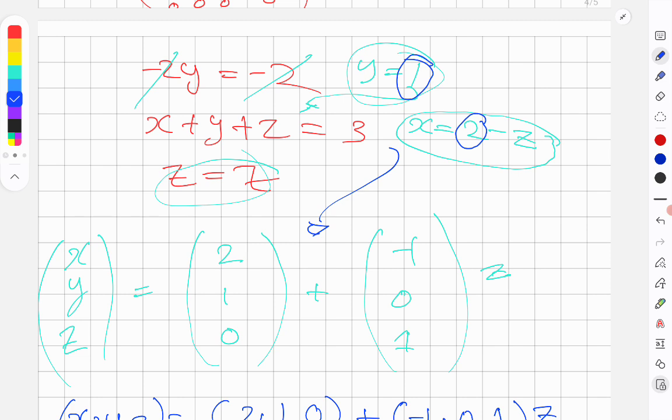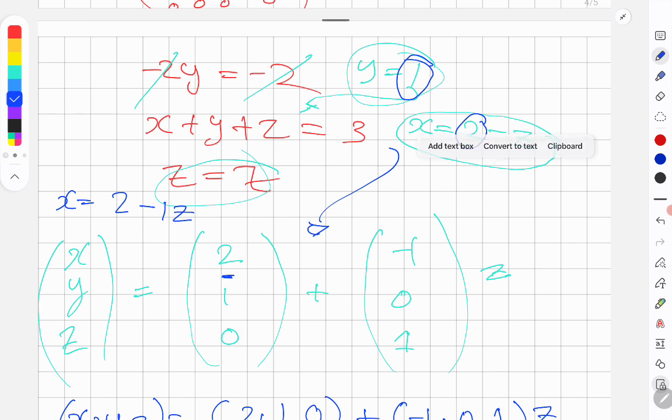Right now, if I write the equation of x, it is 2 plus, but there is a negative 1 over here, negative 2 minus z. Is it matching with this one? Yeah. Okay, write the equation of y as well.